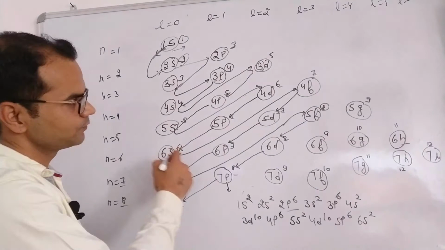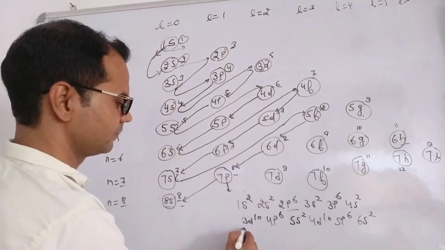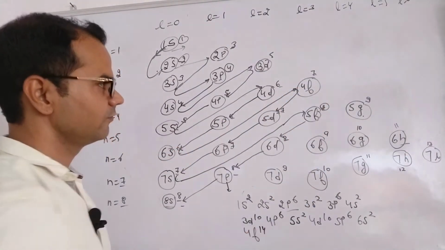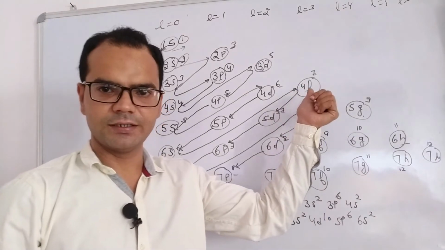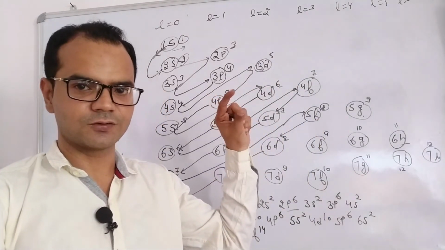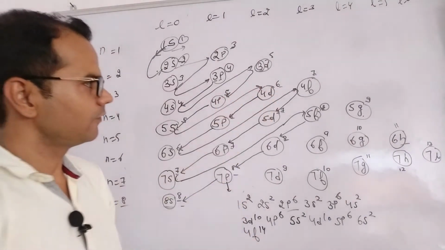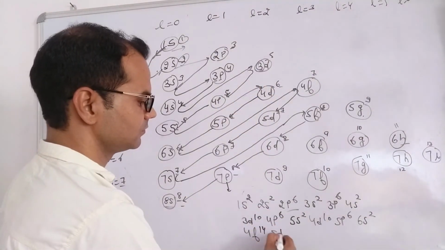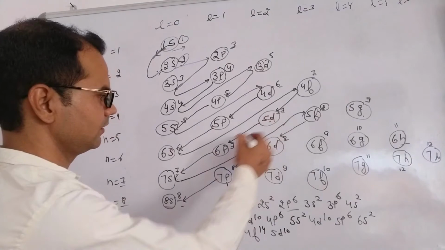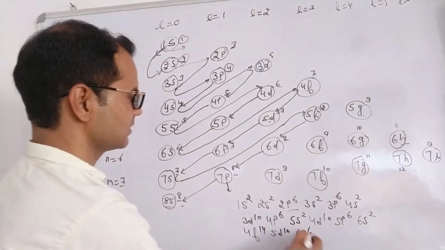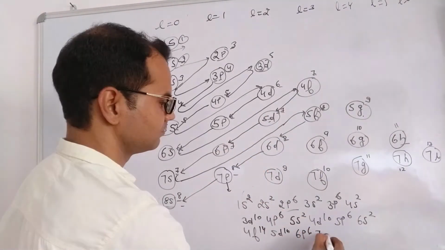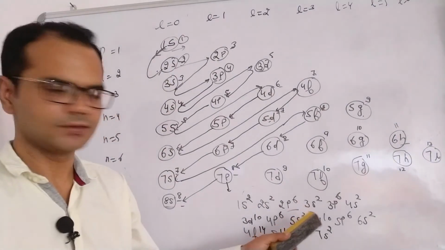From 6s2 we move to 4f14. Why 14? Because f contains 7 orbitals, so 7 into 2, total electrons will be 14. 4f14, next is 5d10, next is 6p6, next is 7s2.